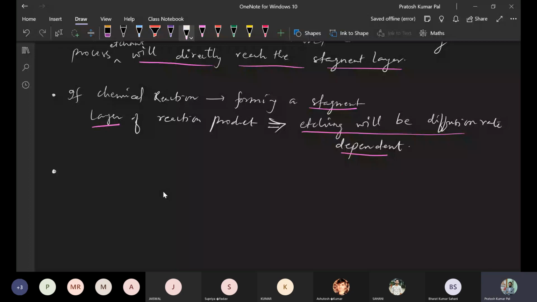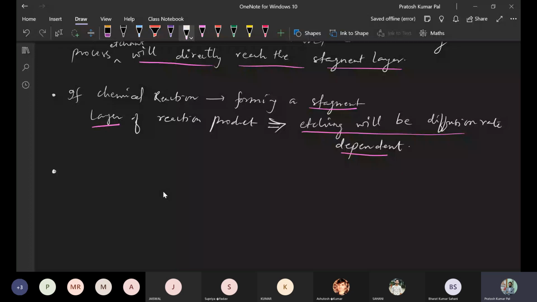So your etching can be defined in terms of two parameters. So etching here can be isotropic or anisotropic. Okay, so isotropic means it will be equal in all directions.